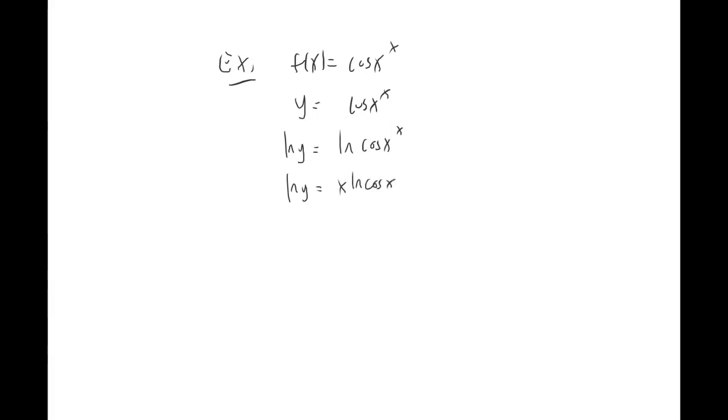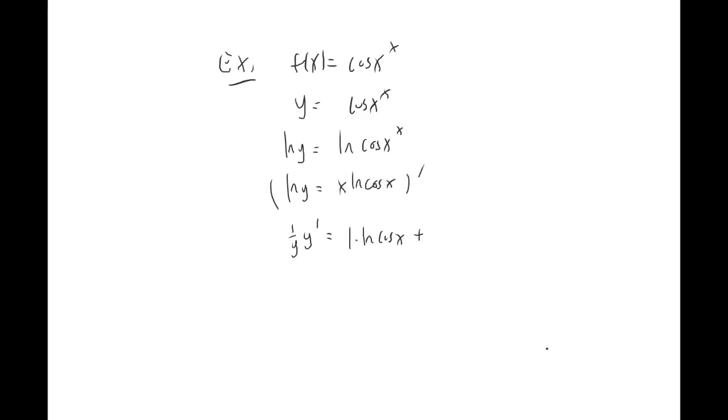So here we implicitly differentiate. 1 over y times y prime is the derivative of x, which is 1, plus, how do I take the derivative of ln of cosine? That is chain rule. My outer function is ln x, and my inner function is cosine of x.